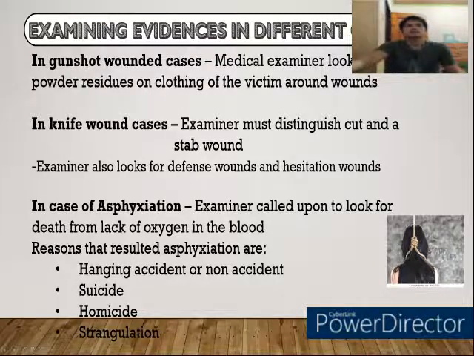Next, the examiner also looks for defense wounds and hesitation wounds. In situations where the suspect attacks the victim, there are cases where the victim uses self-defense. Defense wounds are indications of the victim taking hold of the knife for protection. Mostly you can see defense wounds on the arms, which the victim uses to defend himself.